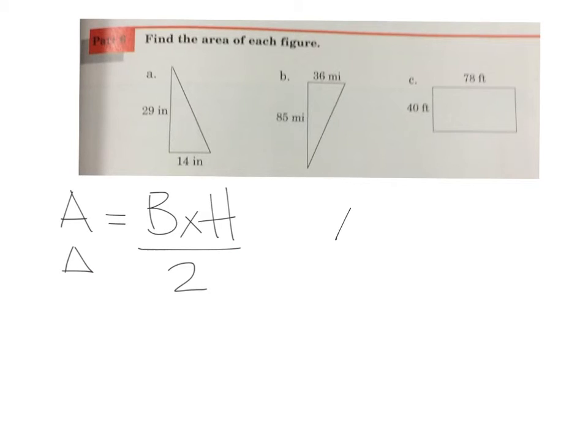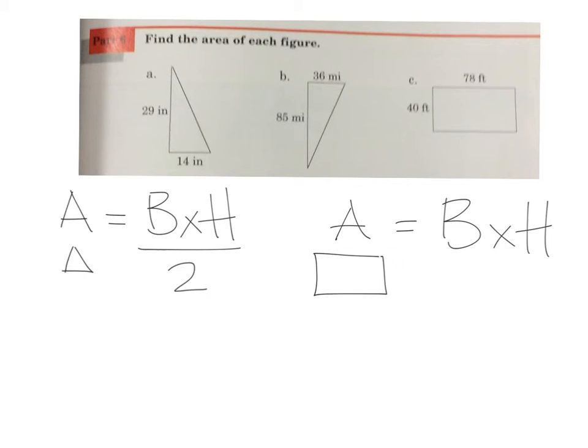When you're looking for the area of a rectangle, and remember that rectangles have 4 sides, the formula that you use is just base times height. So those are the 2 formulas you're going to need. When you're using a triangle formula, you do base times height and then divide your answer by 2.